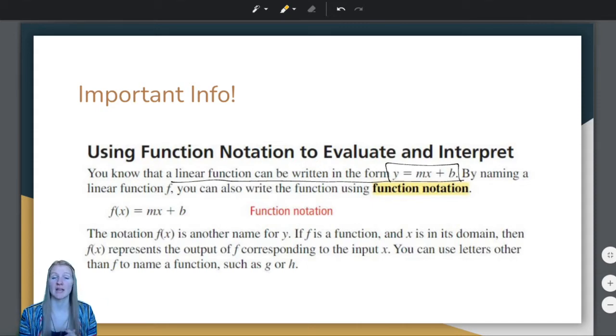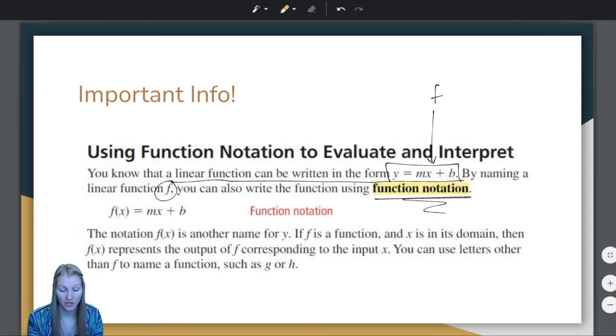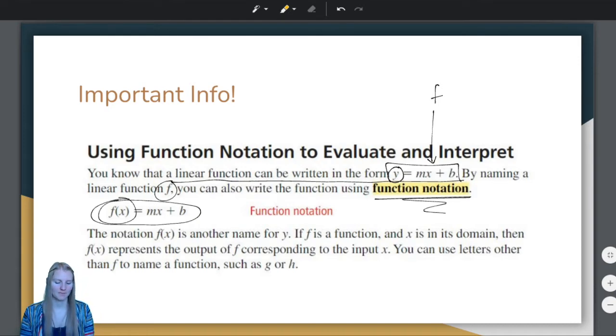We talked about that in the third example of our last video. By naming a linear function f, you can also write the function using function notation. So f of x equals mx plus b. We're just changing the y to f of x.